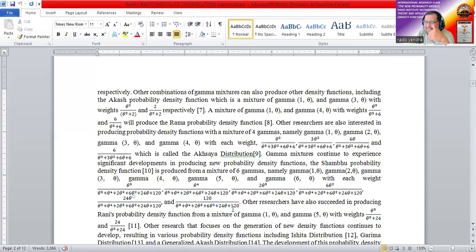This is the idea to create the Rado Institute distribution.